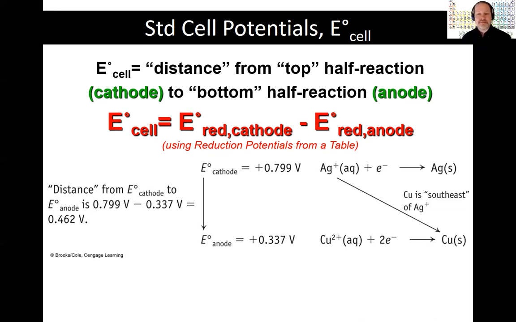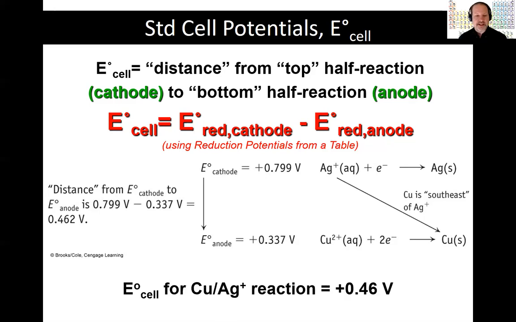This can sometimes be a little bit confusing, so I'm going to show you a second way of doing it. But this is just grabbing the numbers off the table: put in who's acting as the cathode, put in the number from the reduction table there, who's acting as the anode. The negative sign serves to flip the reduction potential for the chemical reaction that's in the oxidation side.